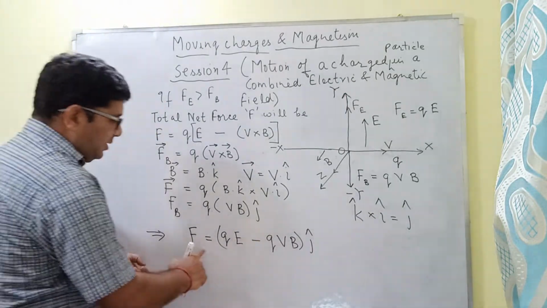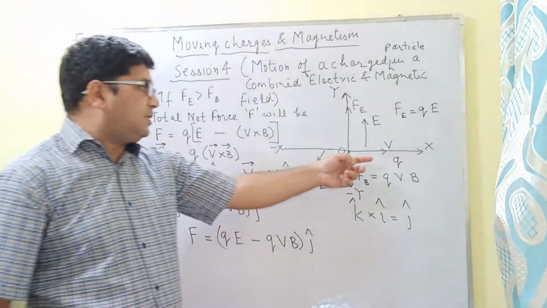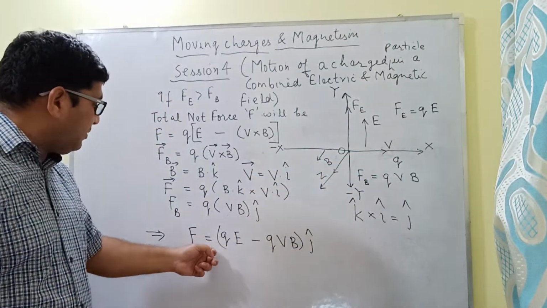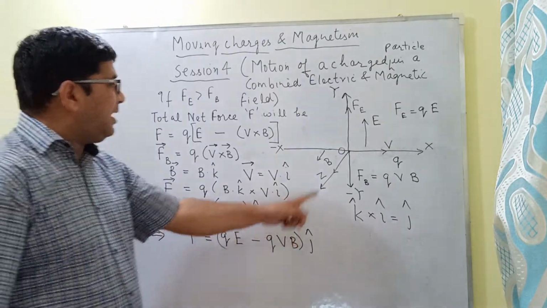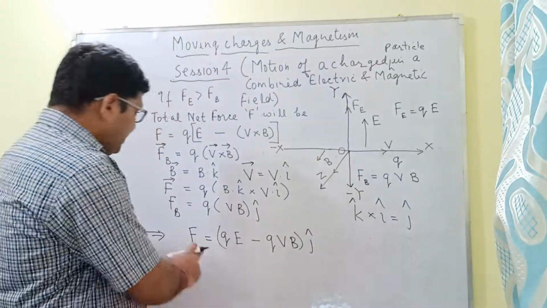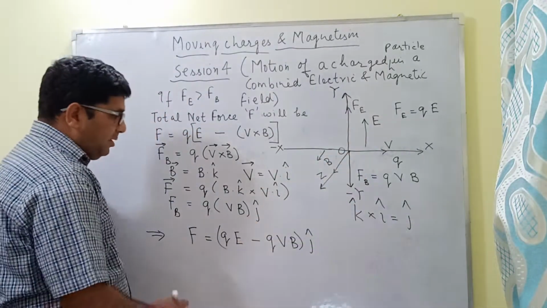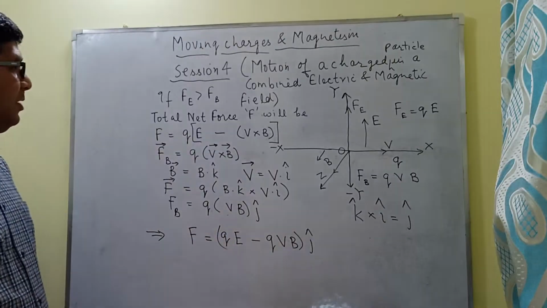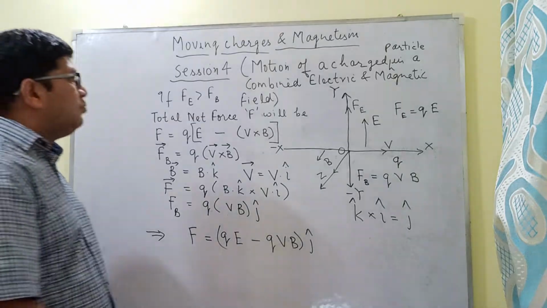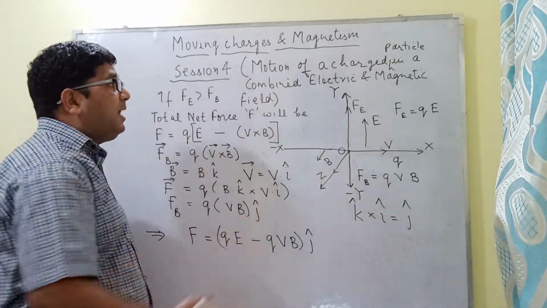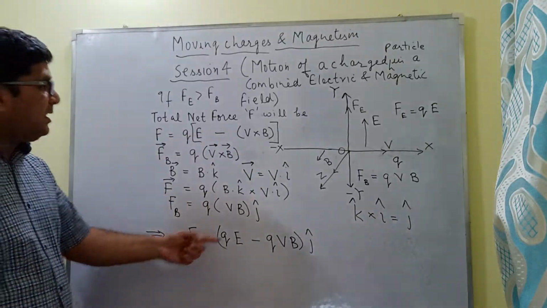This is the Lorentz force, or you can say this is the total force which is exerted on this charged particle, and this is given by QE minus QVB bracket में j cap, where j cap is the direction of this net force acting on this charged particle. So this is how we calculate the net force on a charged particle which is moving in a combined external electric and magnetic field. तो ये हमारा एक केस आ गया.